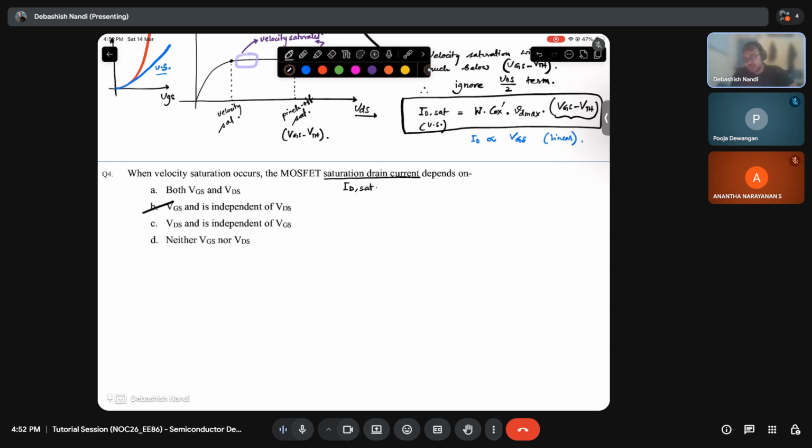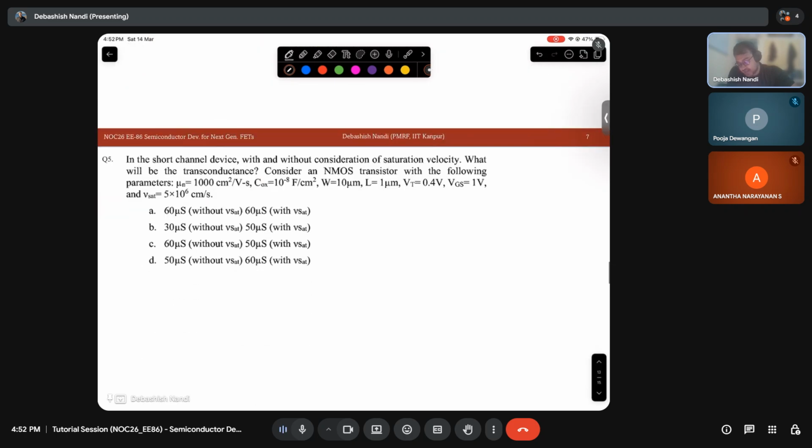So this velocity saturation, I hope it is clear now. What is velocity saturation? What is pinch off saturation? And in the short channel device with and without consideration of saturation velocity, what will be the transconductance?